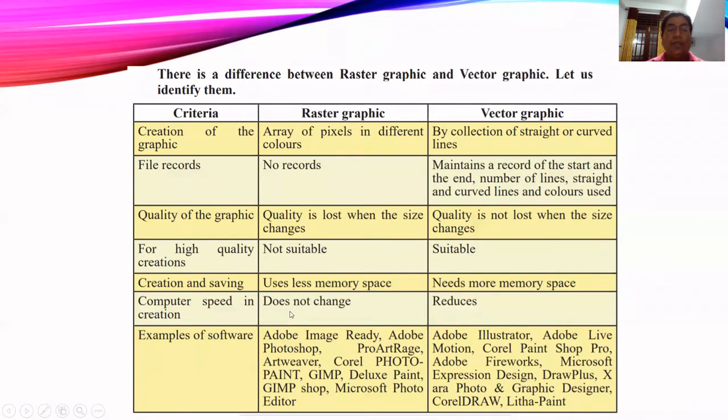Right. So raster does not change the speed, and vector reduces it. When doing photo editing and similar work, they have to use high performance, high quality computers, right? Okay. Now, examples of the software.